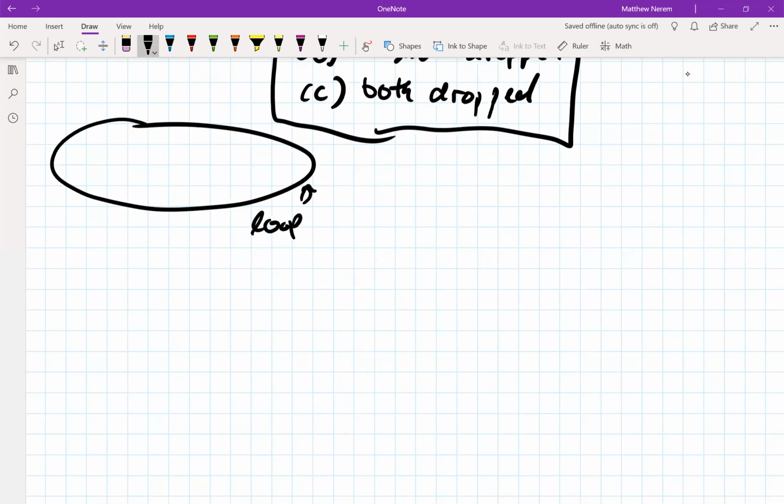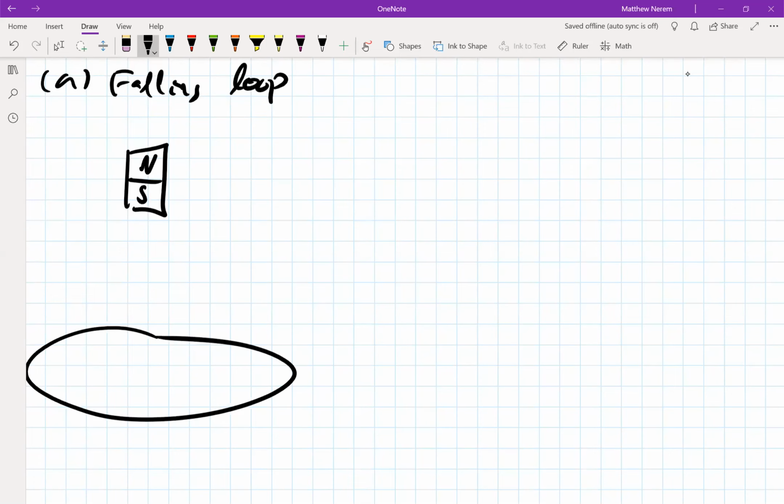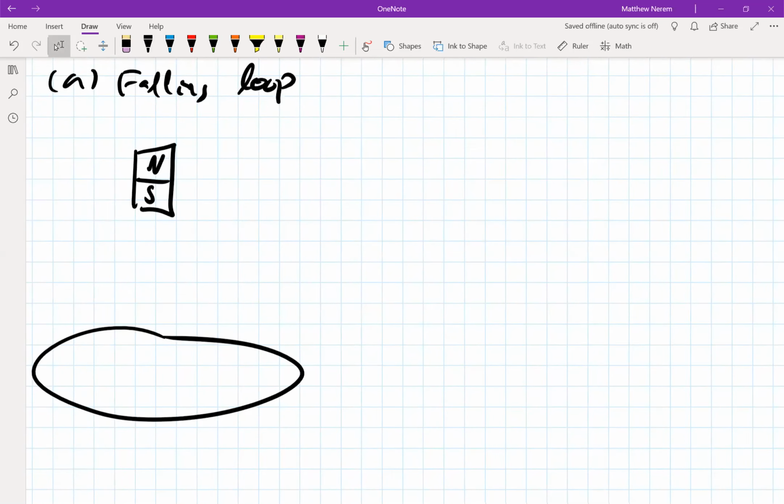So let's do the falling loop. I'll redraw the magnet, north, south this way. Here's my loop. And let's draw the magnetic field. North, south pole, what are they doing?